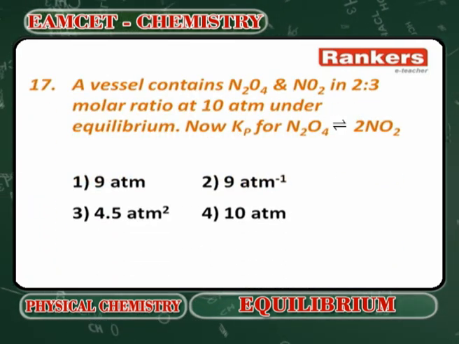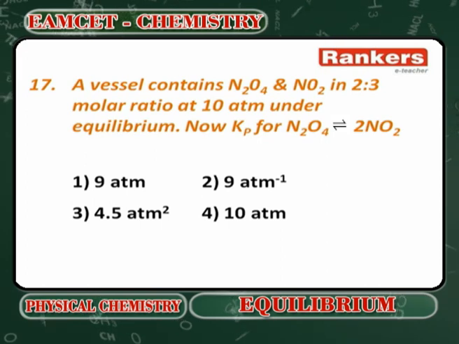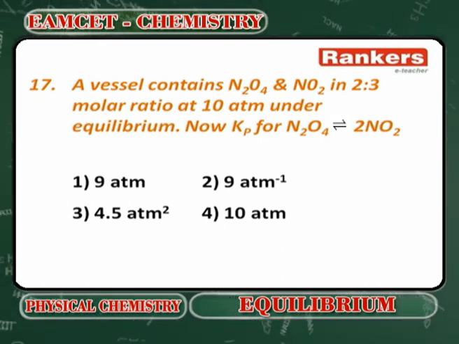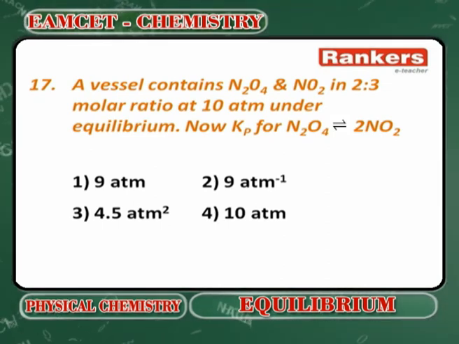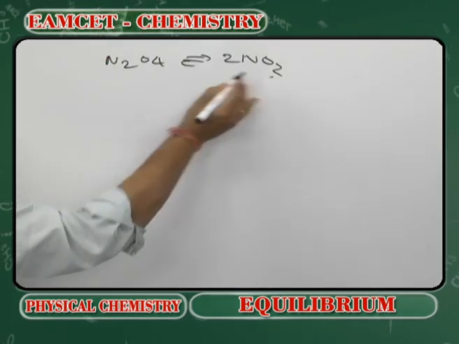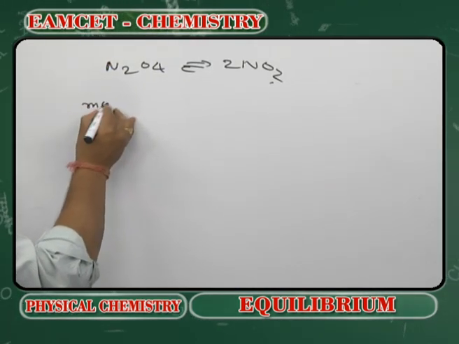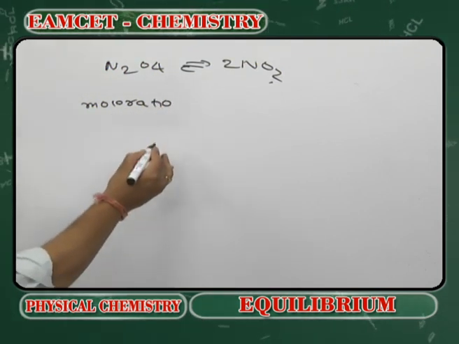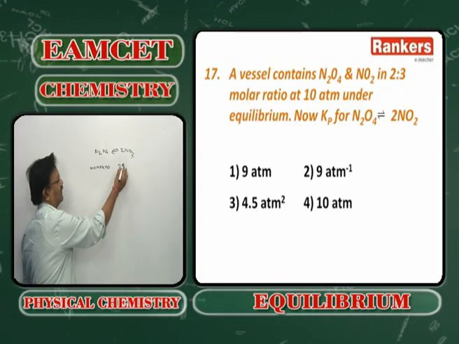A vessel contains N2O4 and NO2 in 2:3 molar ratio at 10 atmosphere pressure. What is the Kp value for N2O4 gives NO2? What is the mole ratio? The mole ratio is 2:3.